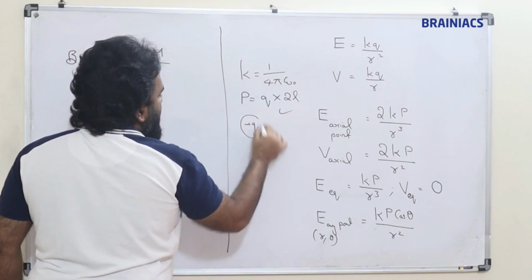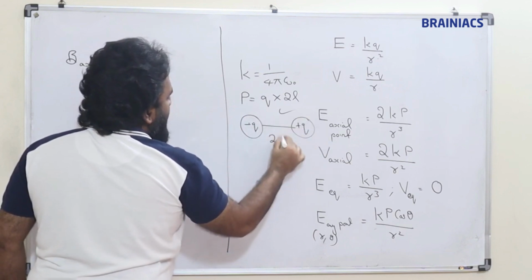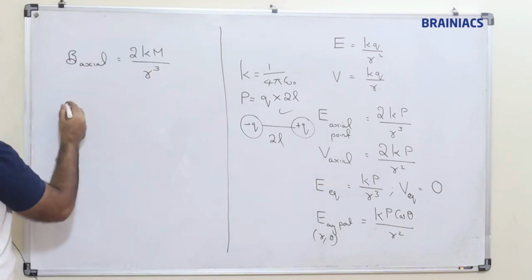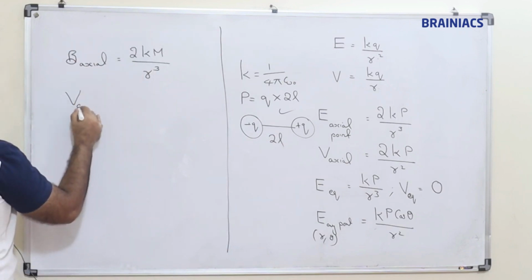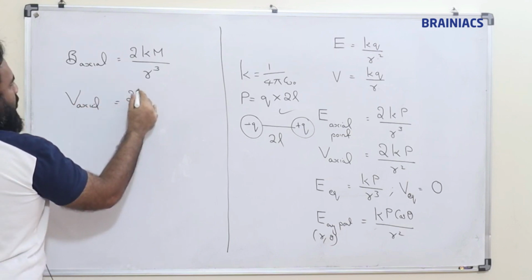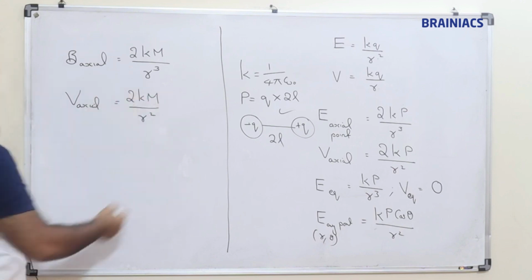If this is minus q, if this is plus q, this distance is 2l. In the same way, if we consider the potential at the axial point, this will become 2km divided by r square.